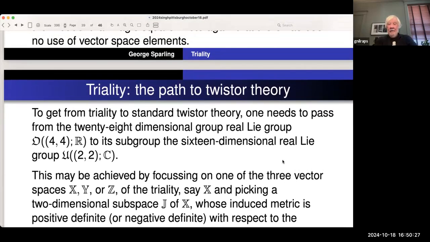I should mention how you get from triality to octonions. In octonions, if you are familiar, the symmetry group's really G2. How do you get that? Well, you pick a unit vector in one vector space, a unit vector in another vector space, and then the third unit vector is the triality product of those two vectors, and that gives you a unit vector in the third space.